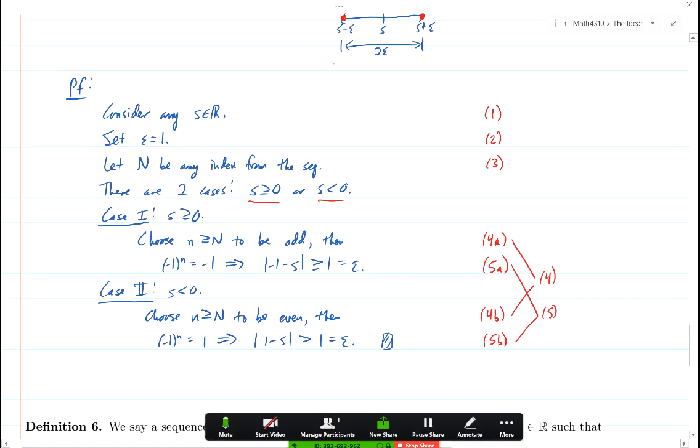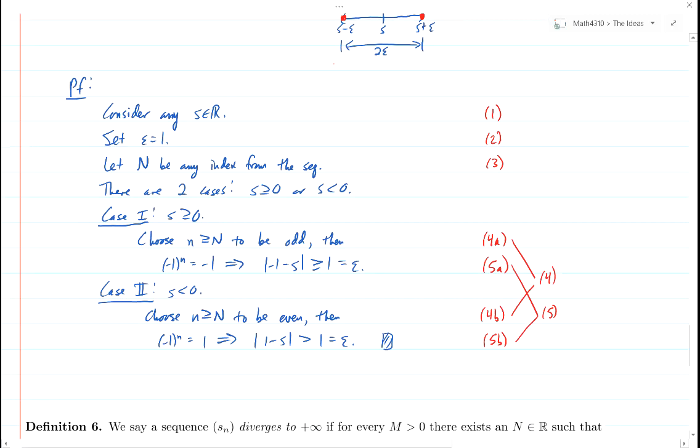And which one it is going to help me determine how I choose my little n to be greater than or equal to capital N. And I do it as follows. In the first case, which I could label these cases in any order I wanted, I take the first case to be S greater than or equal to 0. If that was the case from step 1, if you happen to have picked a non-negative real number, then I will choose my little n greater than or equal to capital N to be odd.